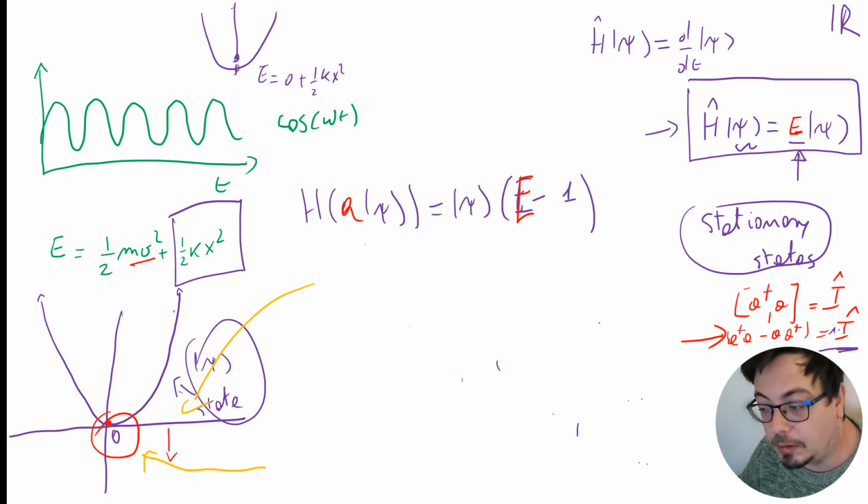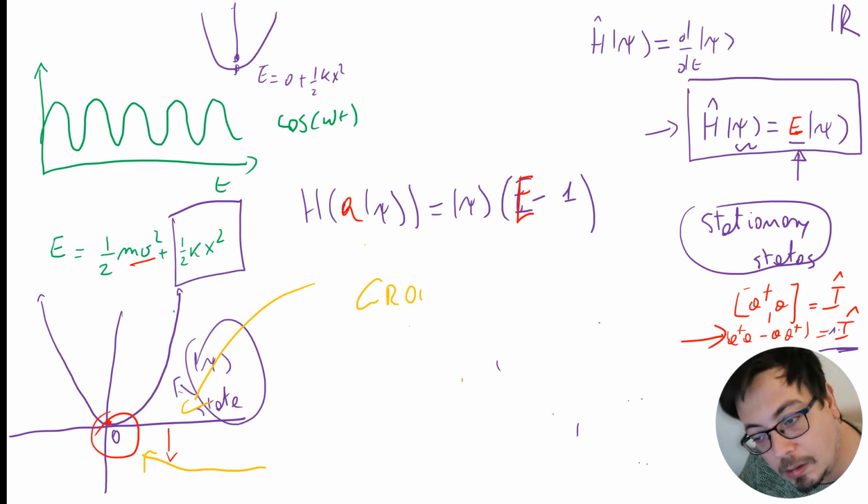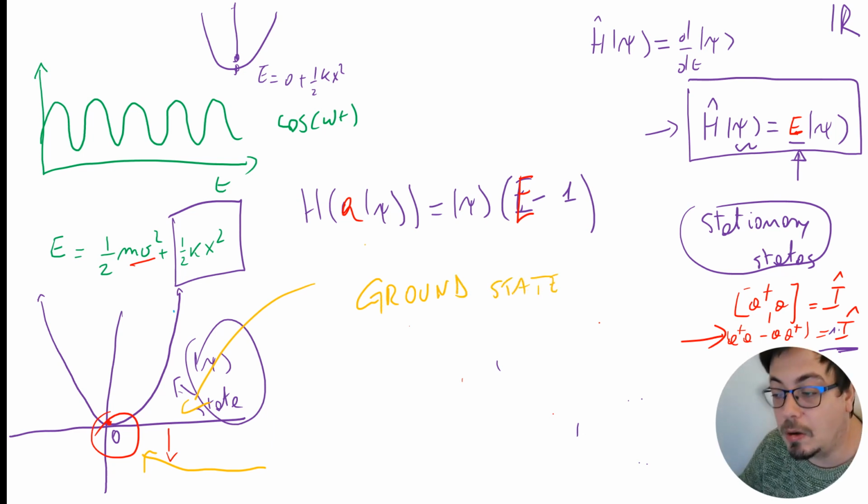So, all to say that we simplify the problem to understanding what is the minimum energy, the minimum state energy. The ground state is the state with the lowest energy, below which you cannot go. Let's call it psi 0.